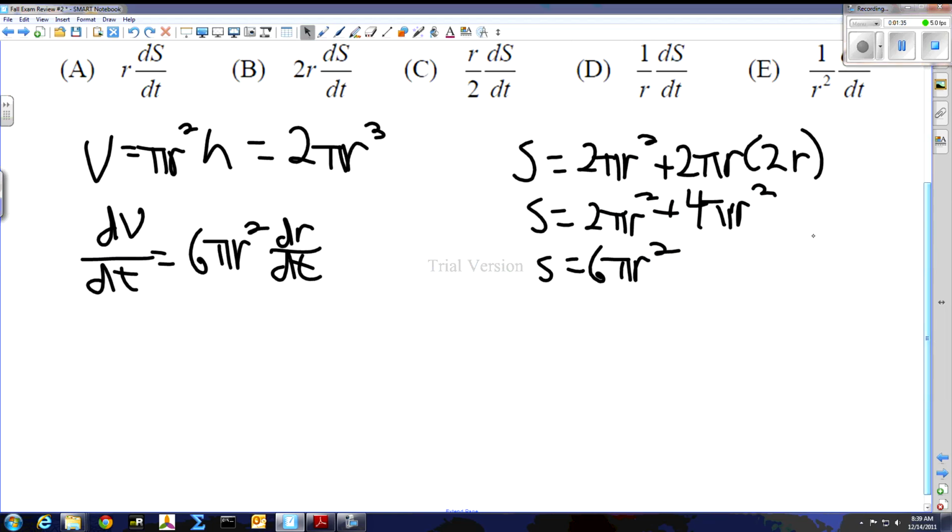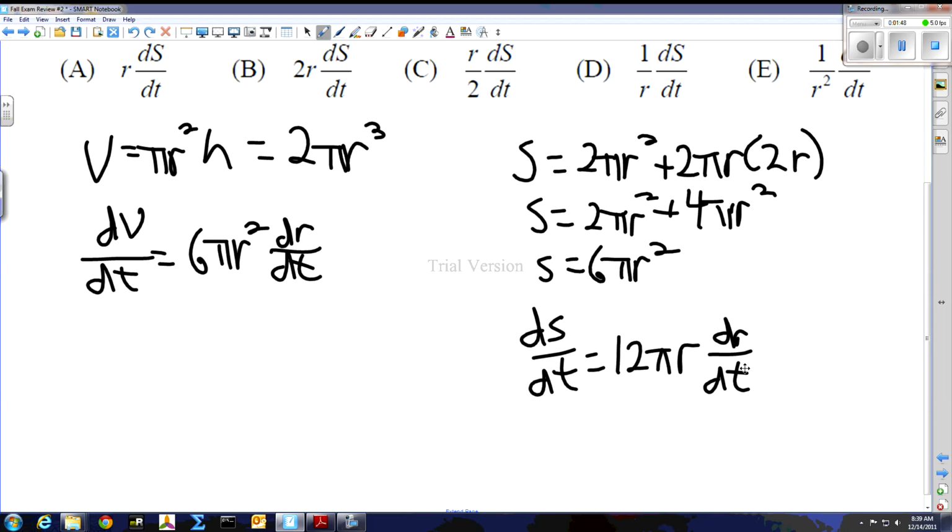Well, we have a ds dt in this particular problem up here, so let's solve for this. ds over dt equals 12 pi r dr over dt. And we're trying to get ds over dt into our answer over here.